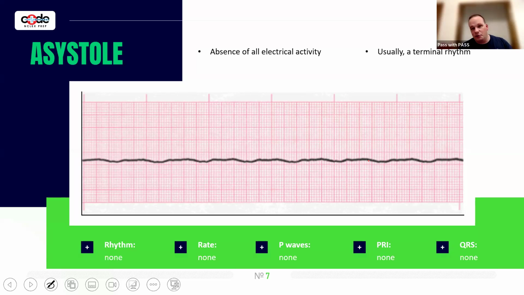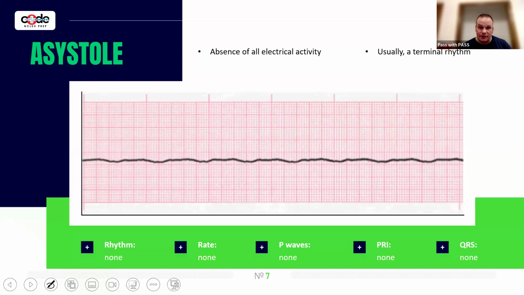And we know that it's usually a terminal rhythm, meaning that most often the patient either went straight to asystole, or has already been through pulseless VTAC or VFib, and that window of opportunity is gone, and now they're in asystole.